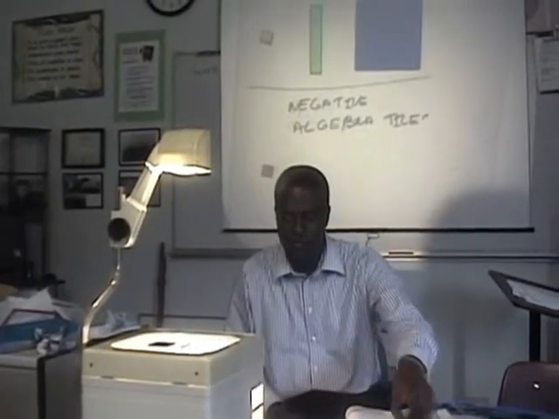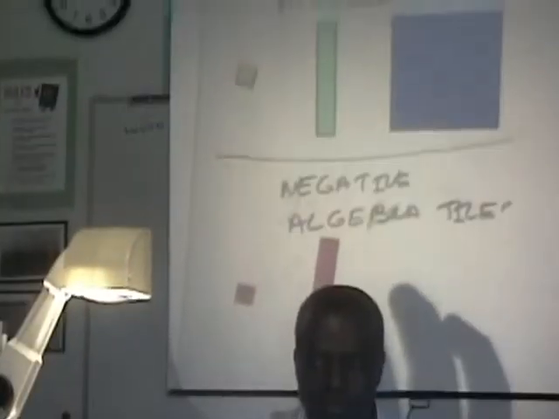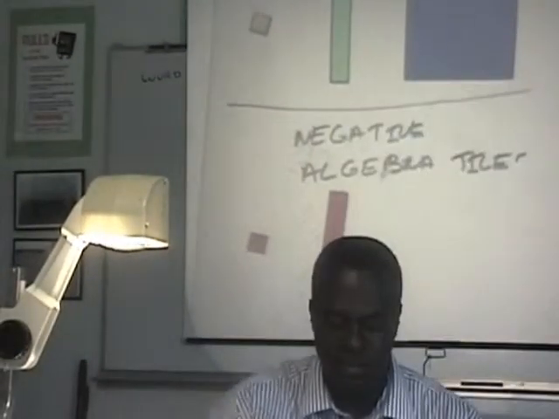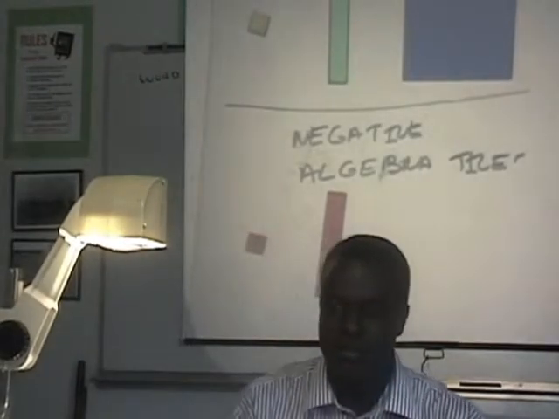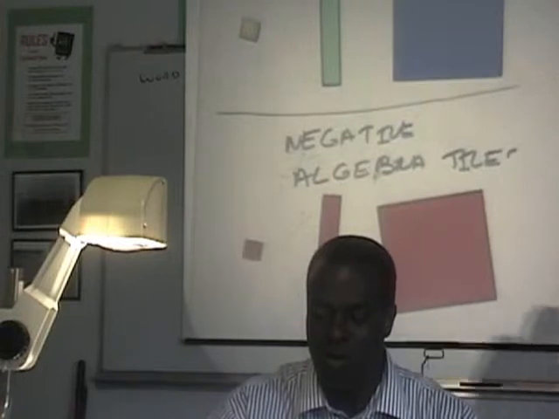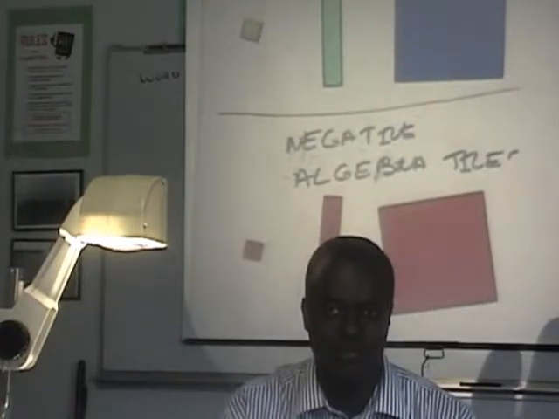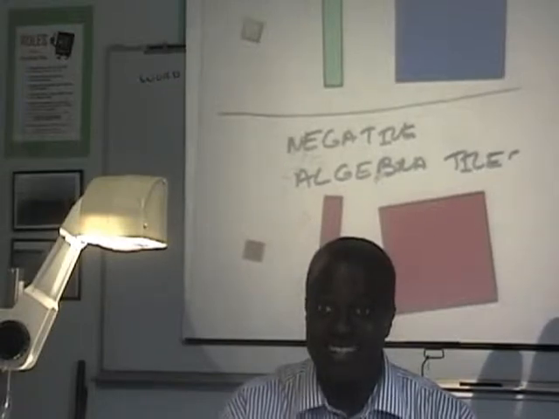This is my positive 1. This is my negative x. This is my positive x. And this is my negative x squared. So notice, all my reds are negative, just like yours.